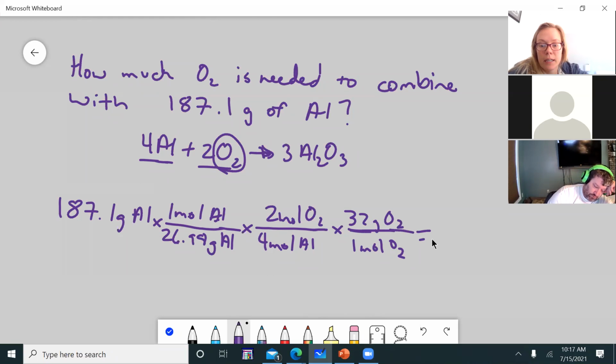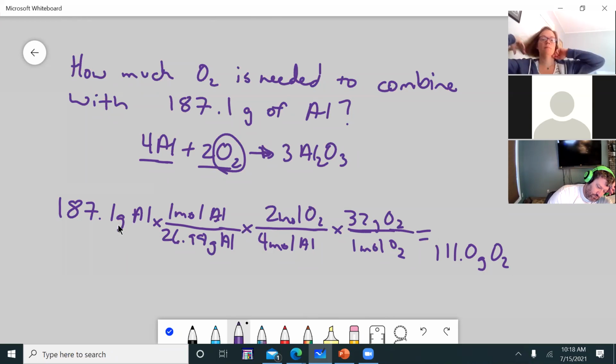We need 111.0 grams of O2 to combine with that much aluminum. Any questions on that?